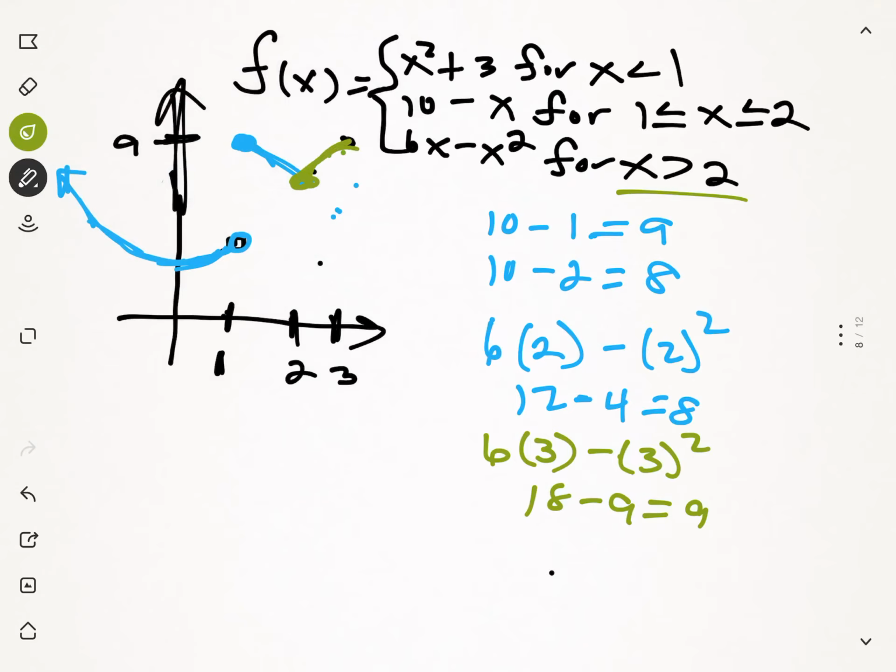So I'm going to pick one more number, and that's going to be 4. That's 24 minus 16. I need to expand this graph just a little bit.